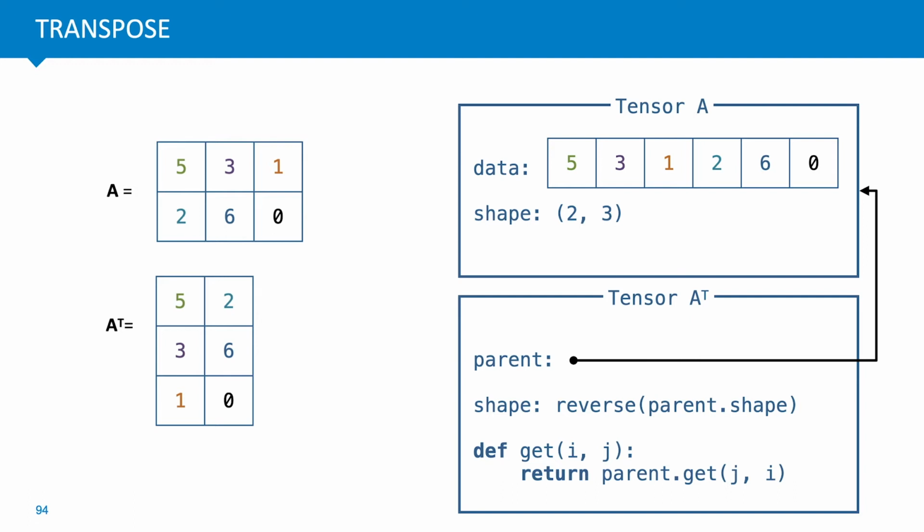And that automatically gives us a transpose. And of course, the shape of the new tensor is the shape of the old tensor with the 2 dimensions reversed. This isn't quite how transposes are implemented in NumPy and PyTorch, but it's good enough to show us the idea that we can basically do this in a constant time operation by referring to data of the tensor we're transposing.